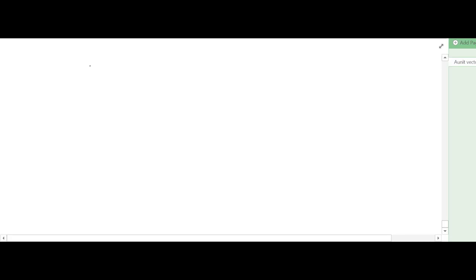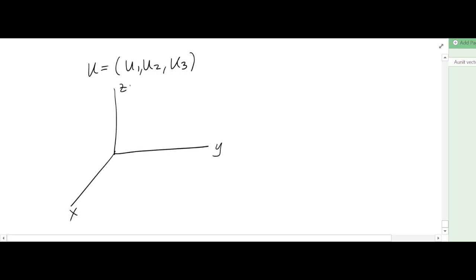If you take any vector, u1, u2, u3, it makes some angles with the x, y, and z axes. Let's say u is coming out of the page there. So it makes an angle of, say, alpha with the x-axis, beta with the y-axis, and gamma with the z-axis.